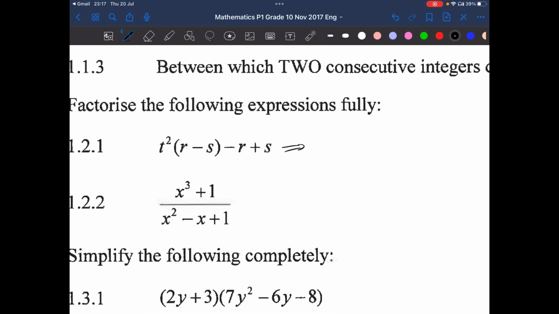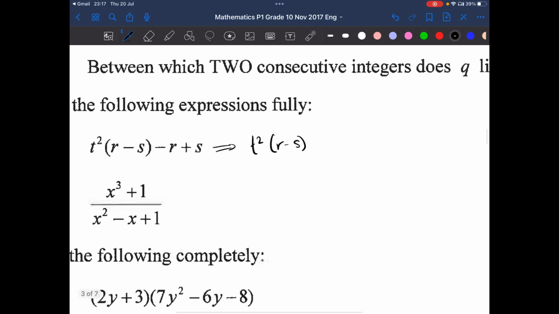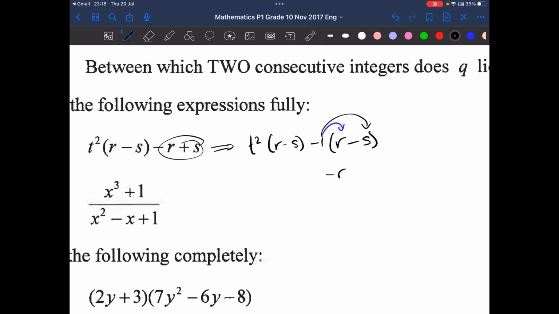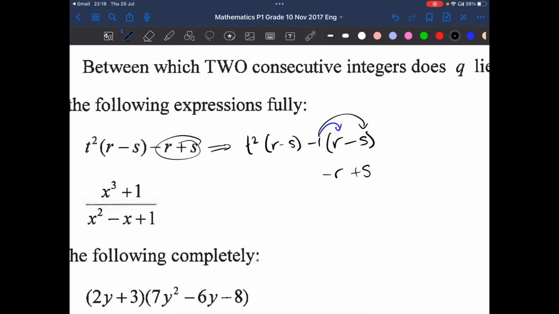So if I take this here, t squared times r minus s, and I manipulate this in a specific way, by taking out negative 1. Let's multiply negative 1 by this here, so obviously we'll have r and minus s. Let's see if that makes sense. If we multiply minus 1 into there, I'll get minus r, and then minus 1 by my minus s, I'll get plus s, and you can see that's the same as that, so that's fine.